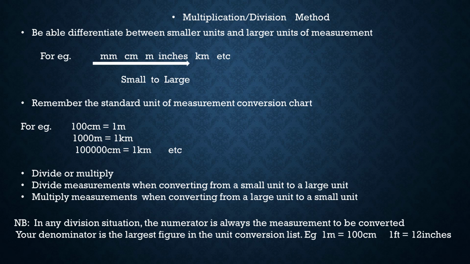Alright, so for example, if you have 1 meter equals 100 centimeters, your denominator would always be 100 centimeters because it is the largest figure in the conversion rate. Okay, if you have 1 foot equals 12 inches, 12 inches would be your denominator because it is the largest figure in the conversion list.